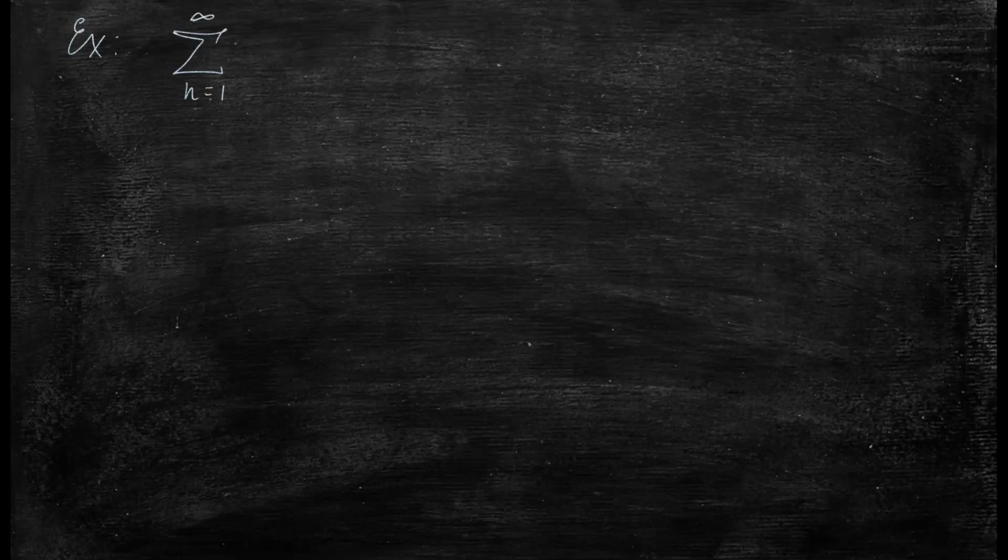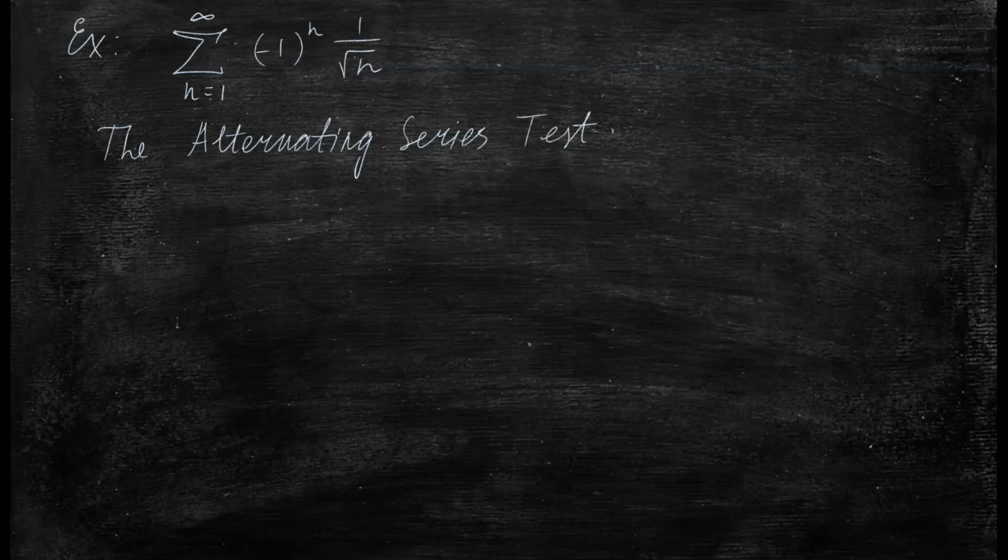So let's try the following example. The sum as n goes from 1 to infinity of (-1)^n times 1 over square root of n, and we're going to run the alternating series test. Why? Because we recognize this as an alternating series. The first condition is that 1 over square root of n must be greater than or equal to 0, which it is.